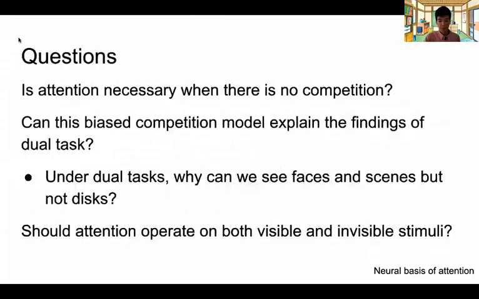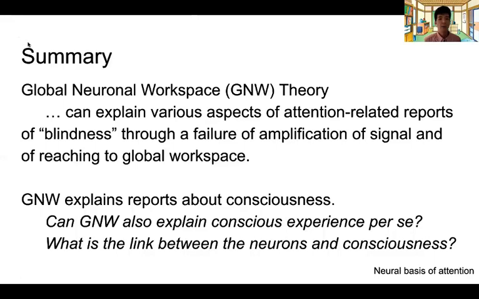And then one of the most promising models to explain this attention and consciousness relationship is the global neuronal workspace theory, GNW. And this can explain various aspects of attention-related reports of blindness through the failure of amplification by top-down attention and reaching the global workspace.